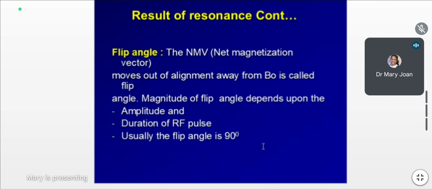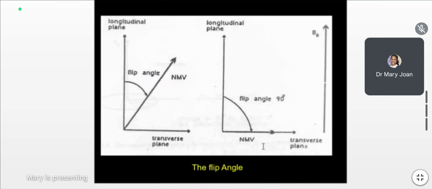The magnitude of the flip angle depends upon the amplitude and duration of the RF pulse, and usually the flip angle is 90 degrees. We have seen this: when the RF pulse is applied, it gets flipped 90 degrees to come across to the transverse plane.